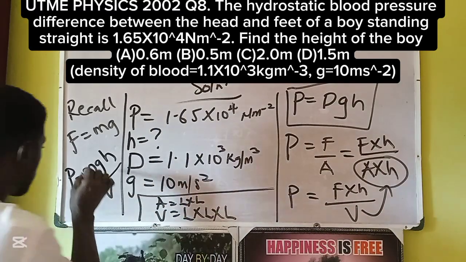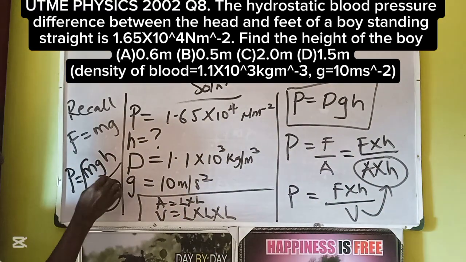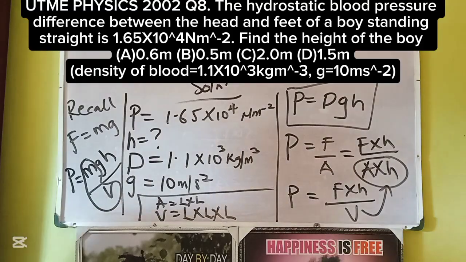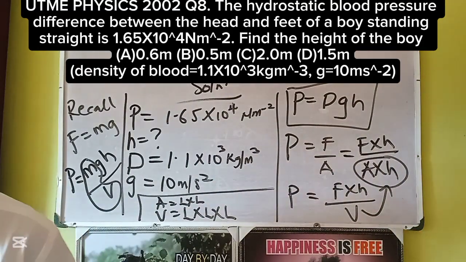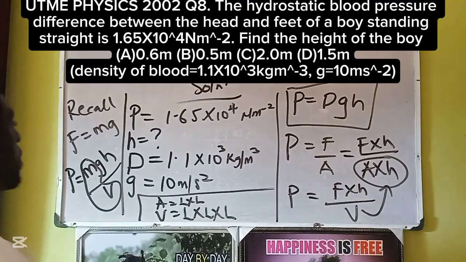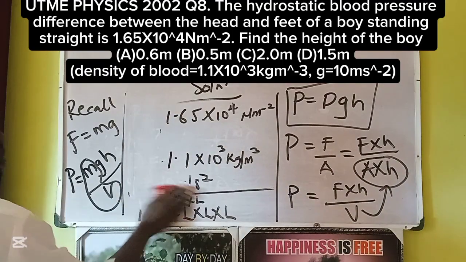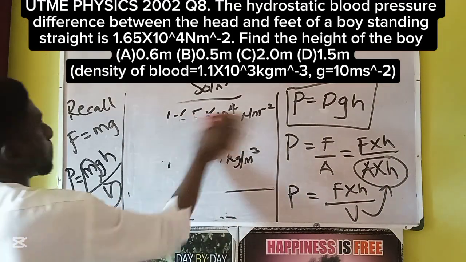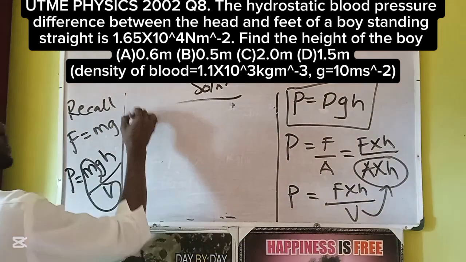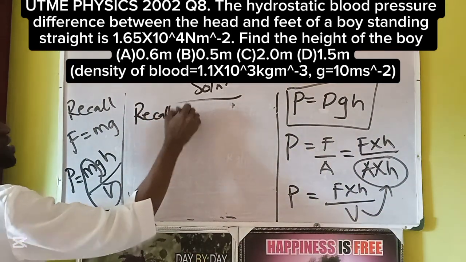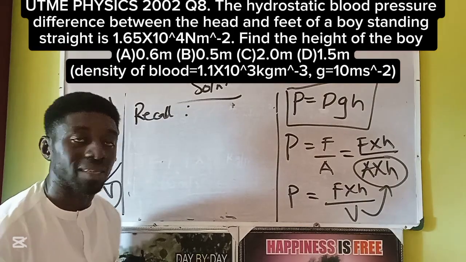Notice something. M over V represents something. To make that clear, recall density. In physics, you must know your equations, your formulas.